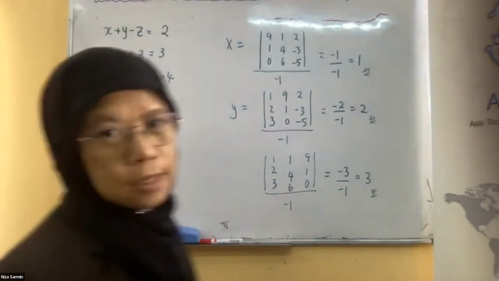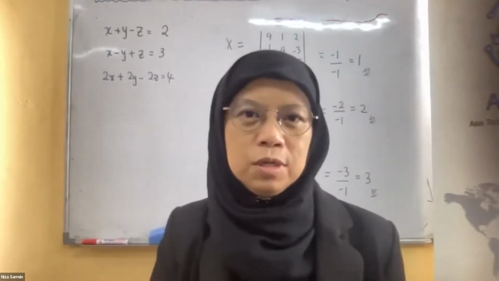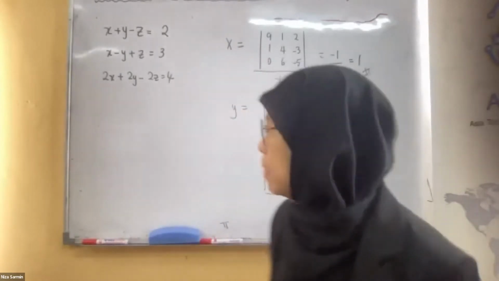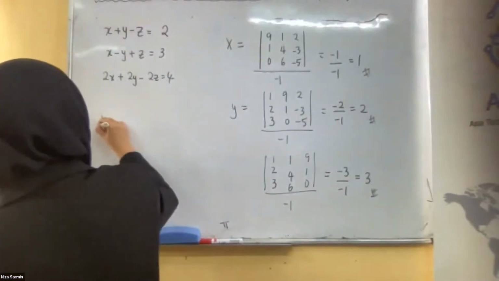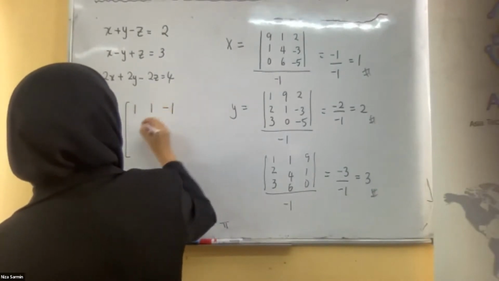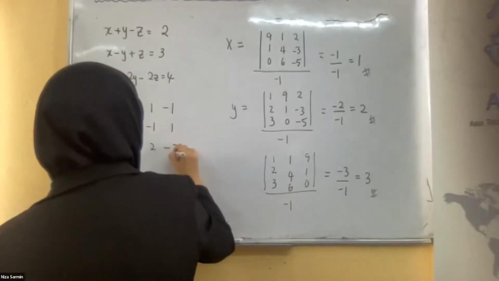Suppose the question is to determine whether there is a solution. So you will write A equals 1, 1, negative 1, 1, negative 1, 1, 2, 2, negative 2.